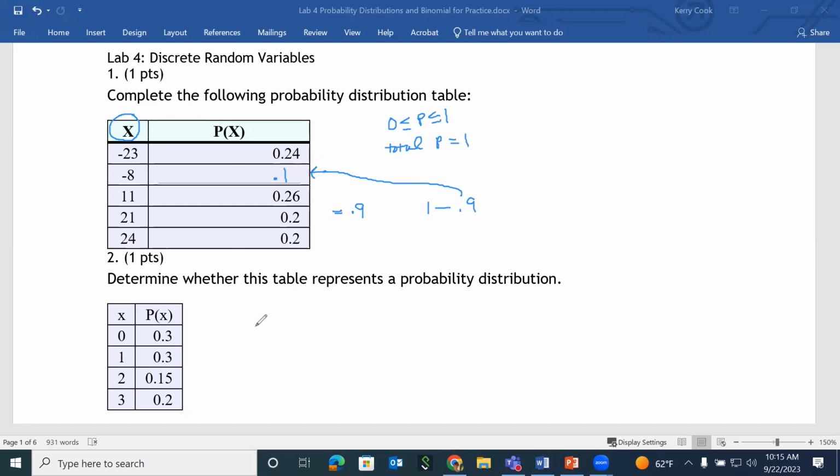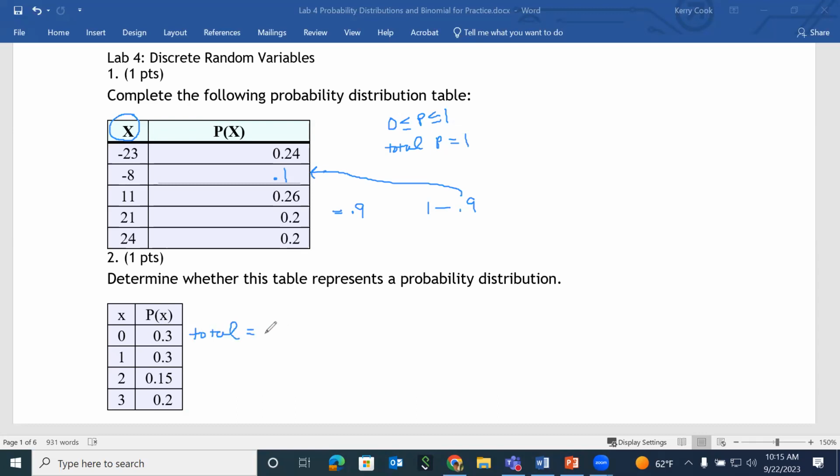In the second example, it asks, is this a probability distribution? Again, we think about our requirements and we have to check. First of all, these are values between 0 and 1, so we don't have a negative value or something greater than 1. So that part is met. Secondly, we find the total.